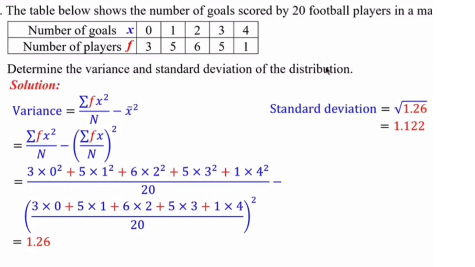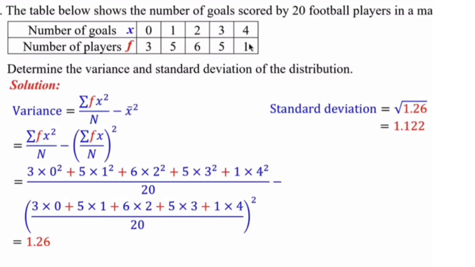Then for standard deviation, you go one step further, you square root 1.26, you will get 1.122. Okay, that is the standard deviation. Give your answer in 4 significant figures, and always double check carefully your frequency multiplied by the score x one by one. Double check to make sure you won't make a careless mistake.